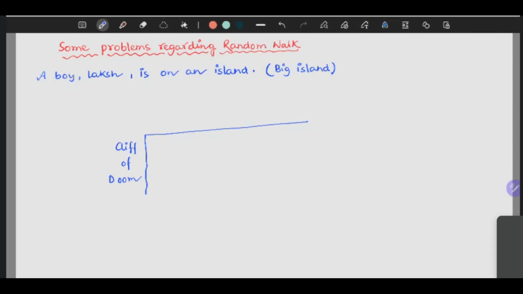We call it the cliff of doom, and there is another fall here, called the pit of disaster. In between, he can take a few steps. Let's say this is 0, and Lux is at a position n, and this end is at W.